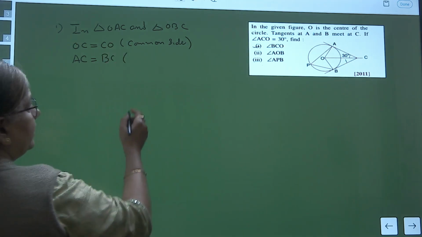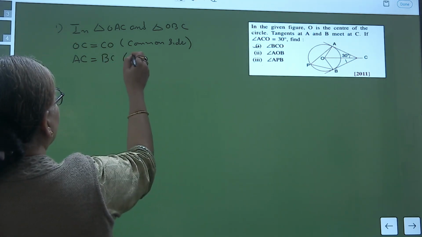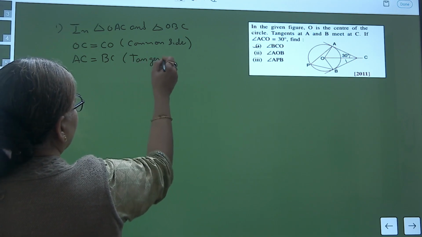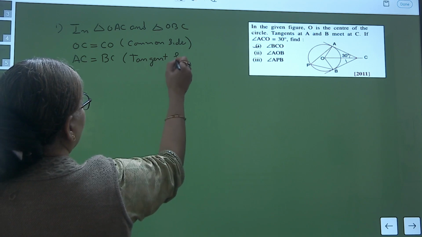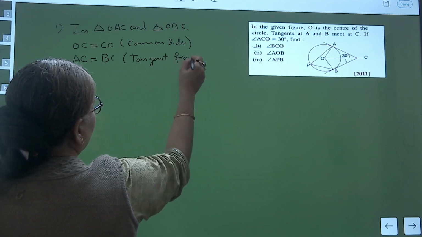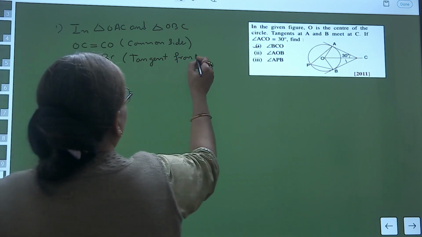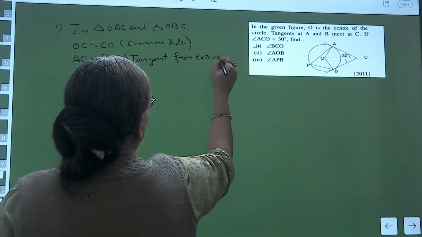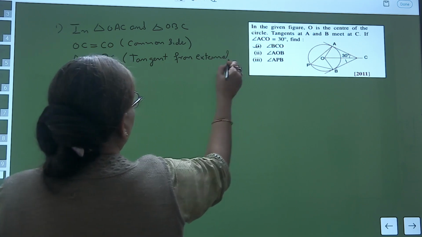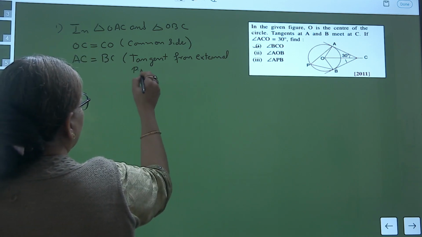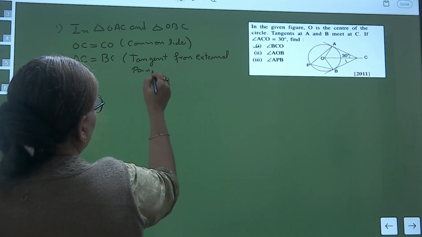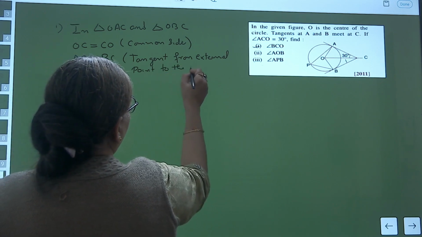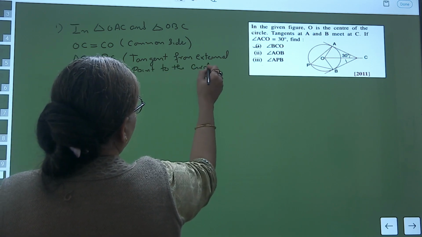These are the tangents from the external point to the circle, and tangents from an external point to the circle are equal.